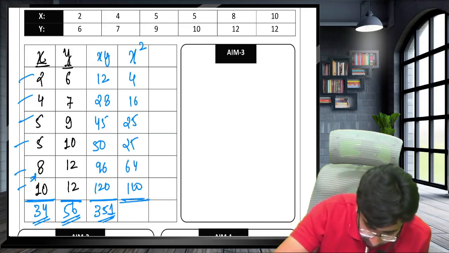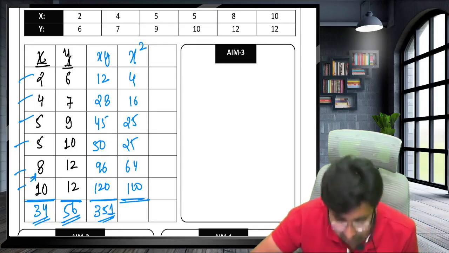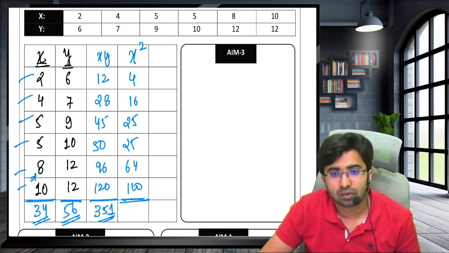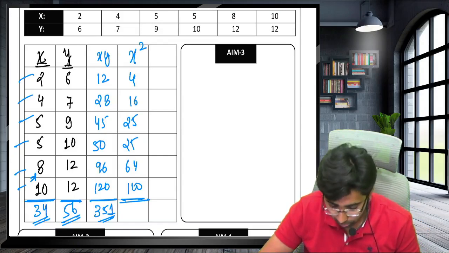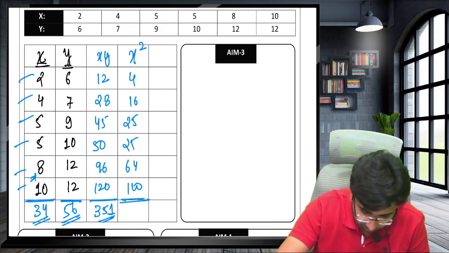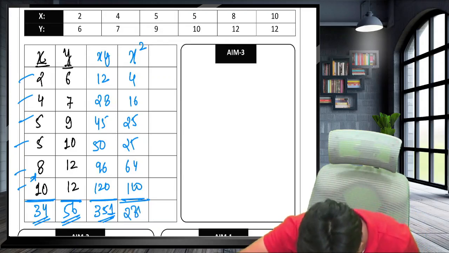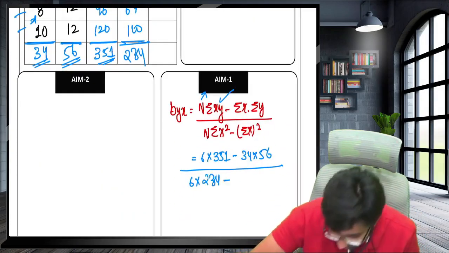It is 4 plus 16 plus 25 plus 25 plus 64 plus 100. Guys, it is 224. No, Sundar, how much? 234. Yes, sorry, 234.